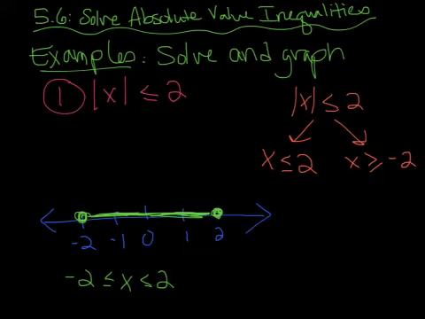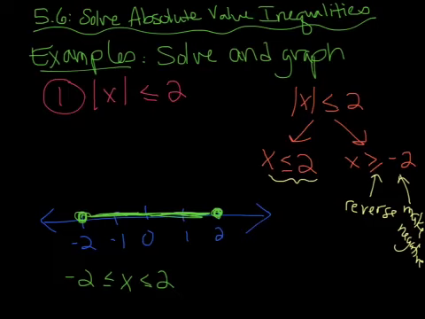I'll recap here. On your second one, you are going to reverse the inequality sign and make this negative. On the first one, everything is going to stay the same.